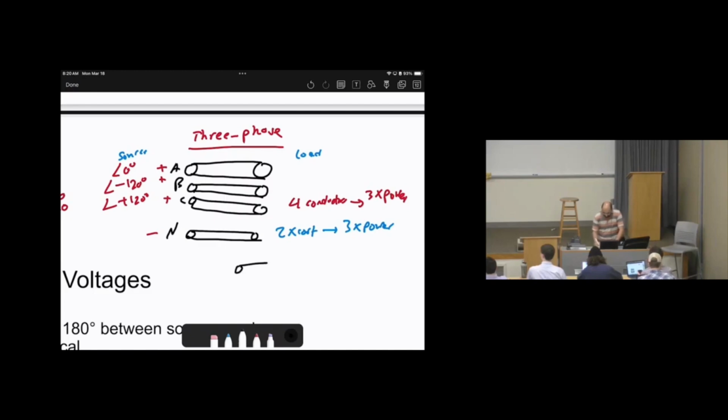Let's use phases A, B, C without neutral. We will discuss this approach in detail later, how to avoid using the neutral, but I'm just telling you about the technology now as an overview. So in 3-phase, we can use 3 conductors to supply the power and we don't need a neutral. This means we can save more money, right?